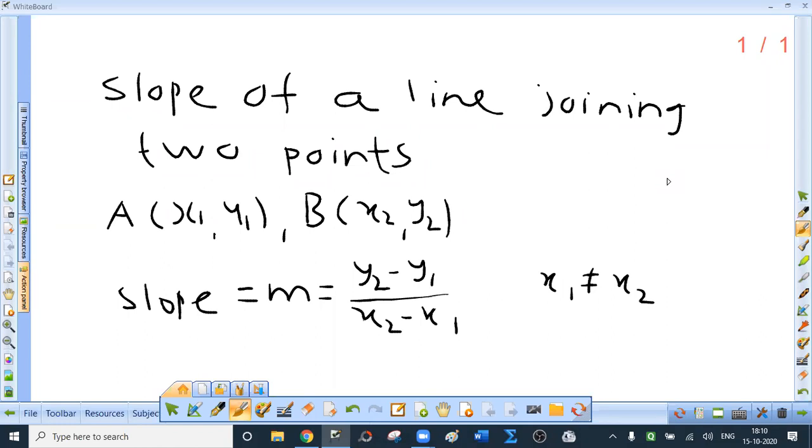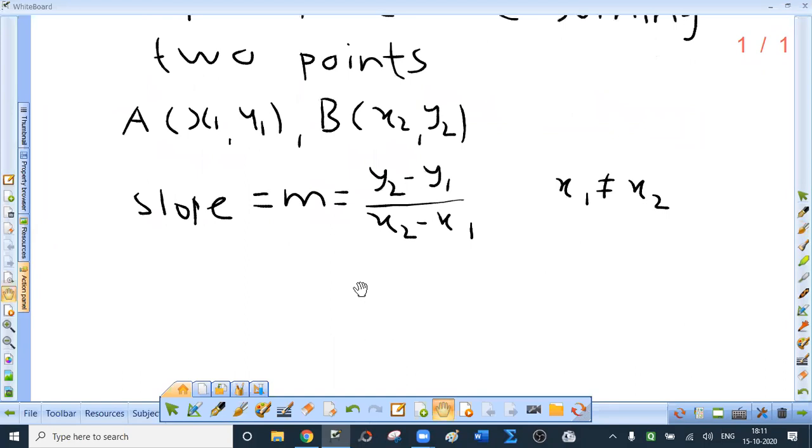Now the definition is, if A (x1, y1) and B (x2, y2) are any 2 points on the line, then the slope of the line is defined to be difference in y coordinates upon difference in x coordinates, provided the denominator is not equal to 0. I repeat, slope m equals what? Difference in y coordinates upon difference in x coordinates.